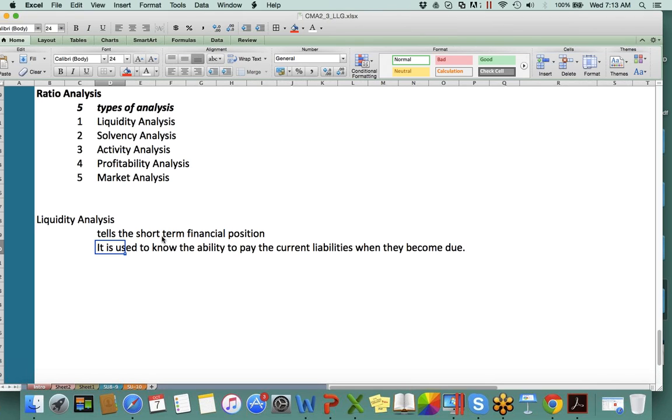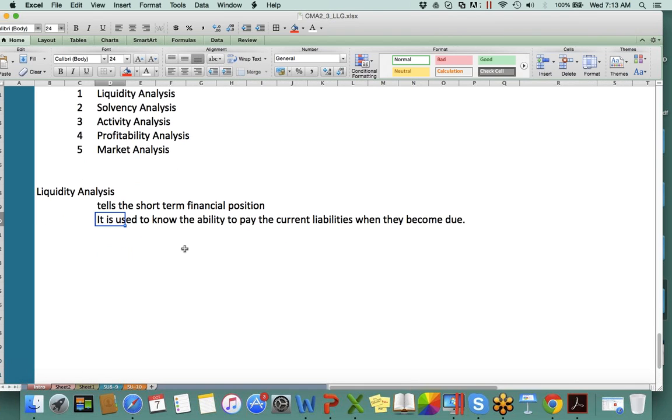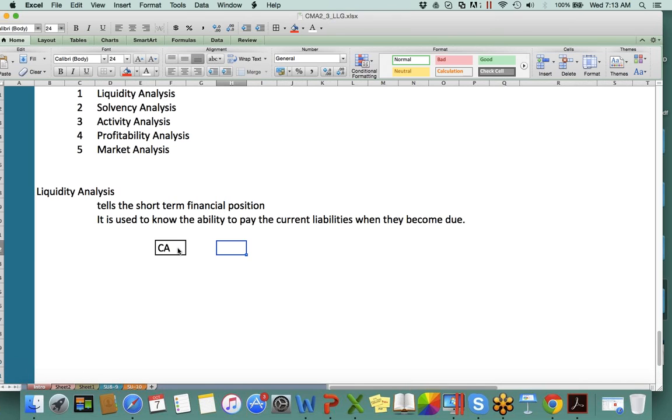So the current asset position and current liabilities position are to be compared here. What amount of current assets we have and what amount of current liabilities we have. This relationship between current assets and current liabilities is to be studied in liquidity analysis.